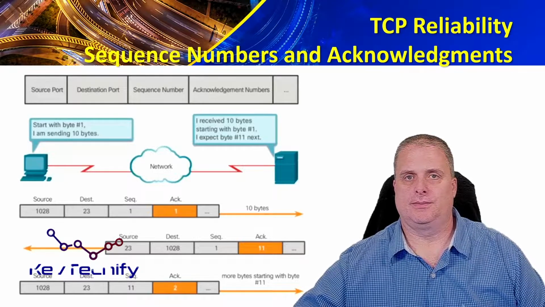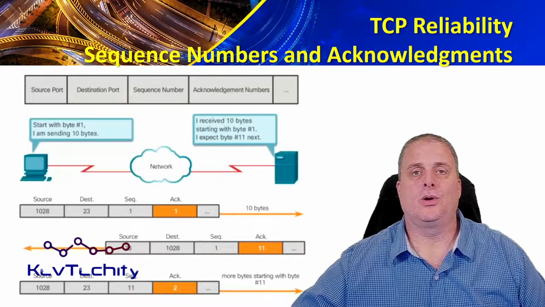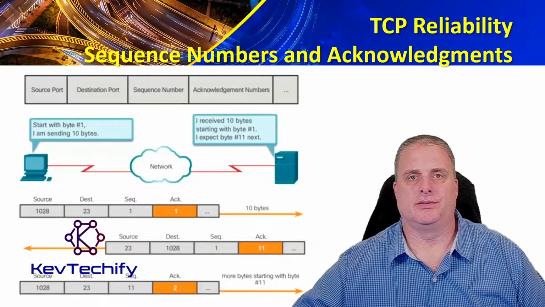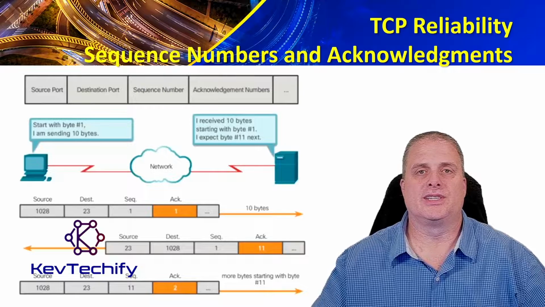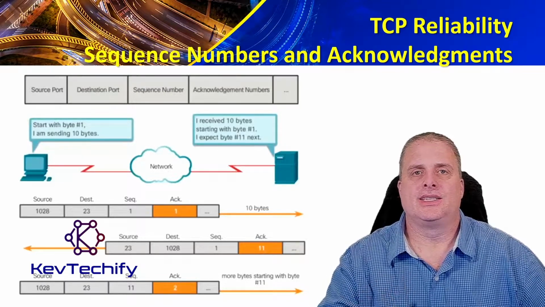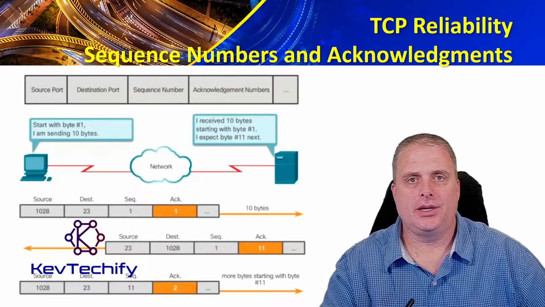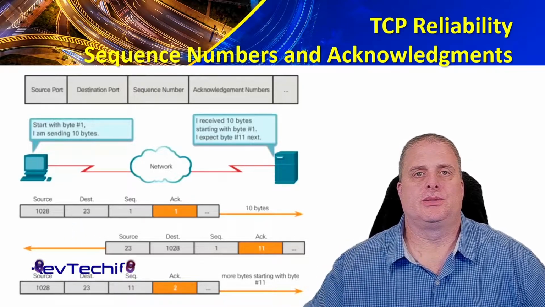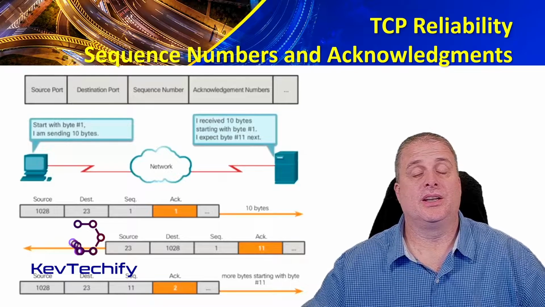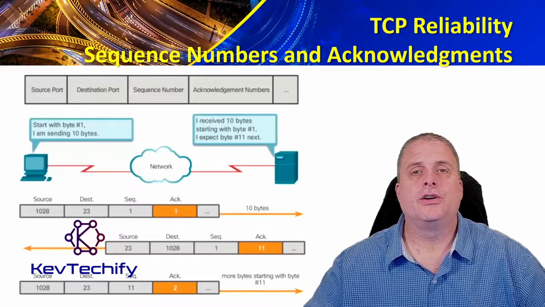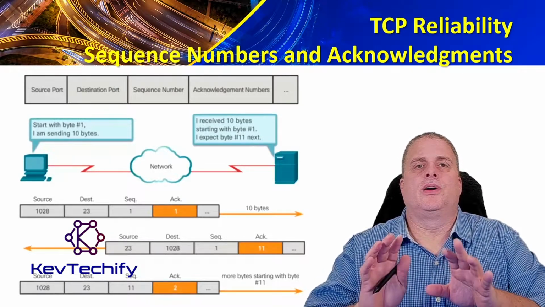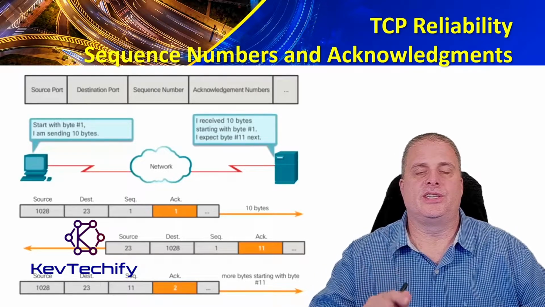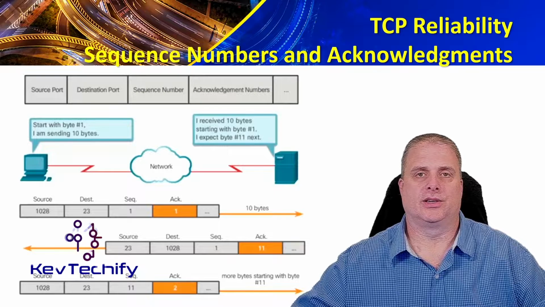Acknowledgments come into play by helping the sender know that the data being sent is actually being received. The way this works is the sending host sends TCP segments, bytes, and the receiving host acknowledges those bytes by sending acknowledgments. There is a limit to the amount of data the sending host can send before it receives an acknowledgment from the receiver.